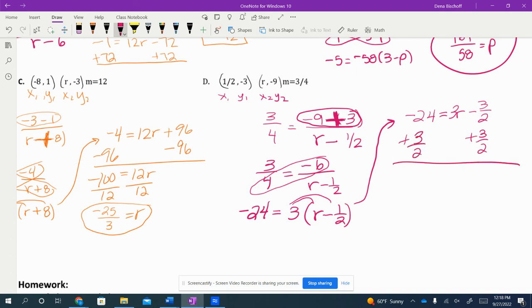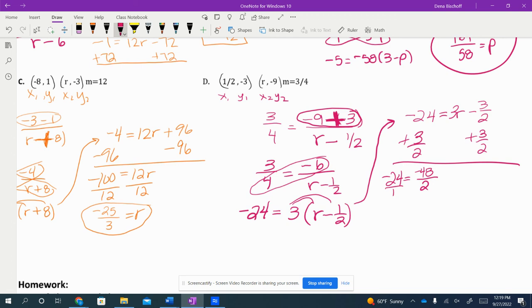So I'm going to leave it as a fraction. So let me think. Negative 24 is the same thing as negative 48 over 2. Is that true or false? How did I determine that? Inverse operation. Well, negative 24 is the whole number, negative 24 as a fraction, negative 24 over 1.